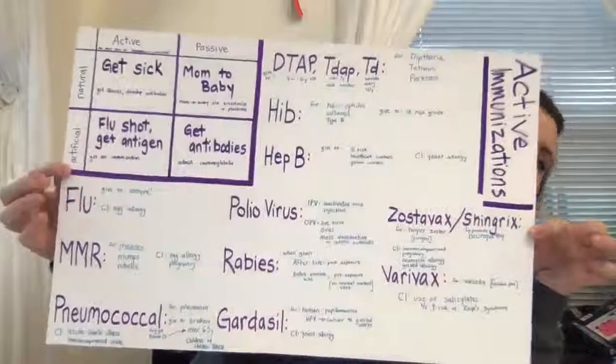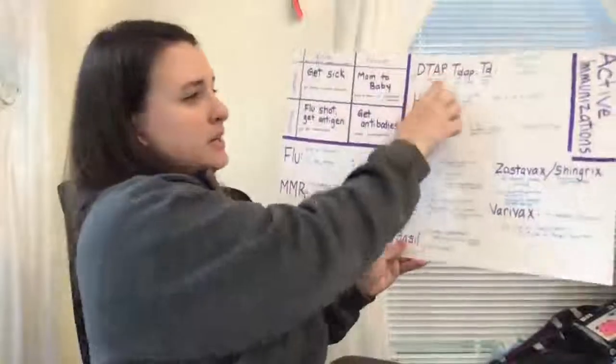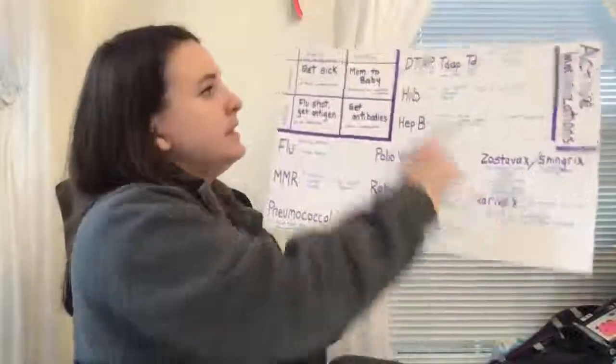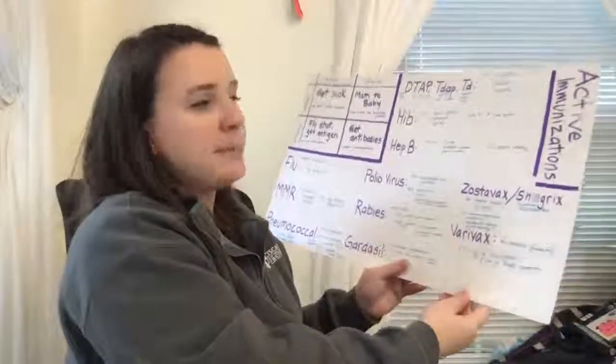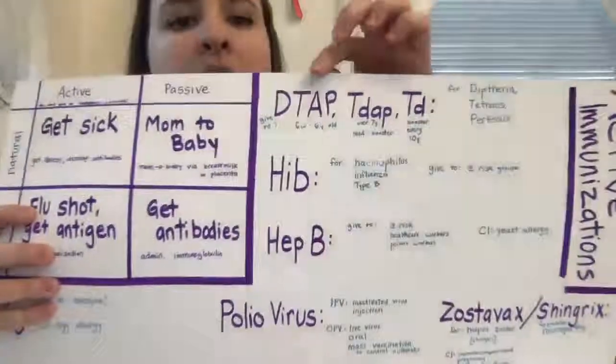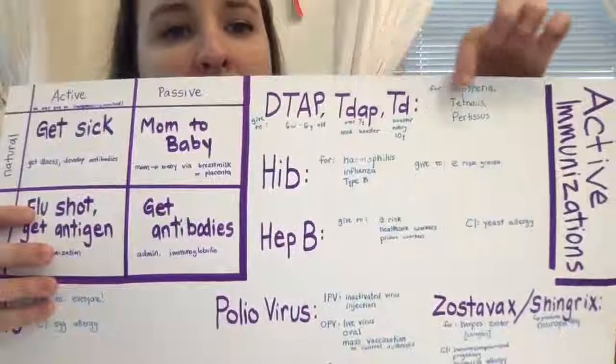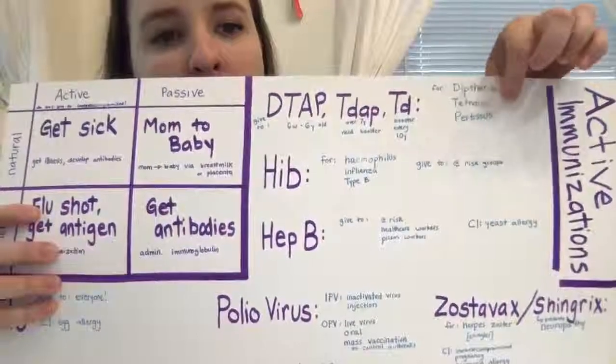Now we're going to talk about the active immunizations that we talked about in class. We're going to start here and then go down. DTaP, Tdap, or Td. This is for diphtheria, tetanus, and pertussis, which is whooping cough.